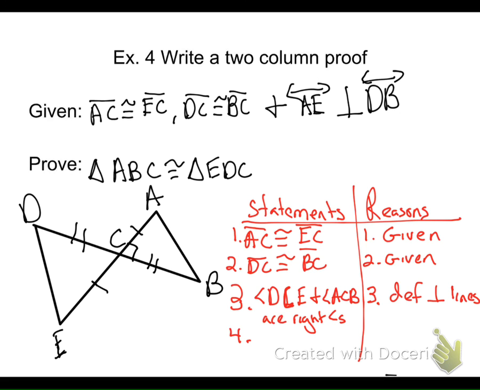What do we know about them? We know that they are right angles. And by one of those theorems we had in chapter 3, we know that all right angles are congruent. So we can say angle DCE is congruent to angle ACB because all right angles are congruent.